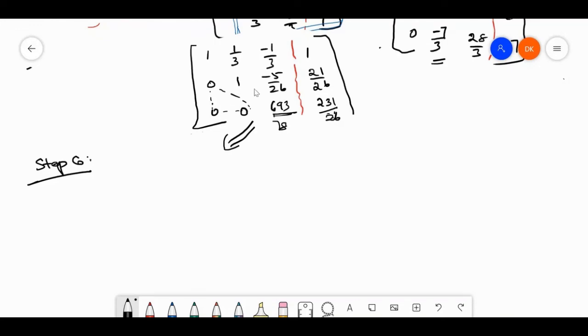You have the matrix like, you have to write this equation. This is x term, this is y term, this is z term. So then x plus 1 by 3 into y, minus 1 by 3 into z, that is equal to 1. The second equation is 1 into y minus 5 divided by 26 z, that is equal to 21 divided by 26.